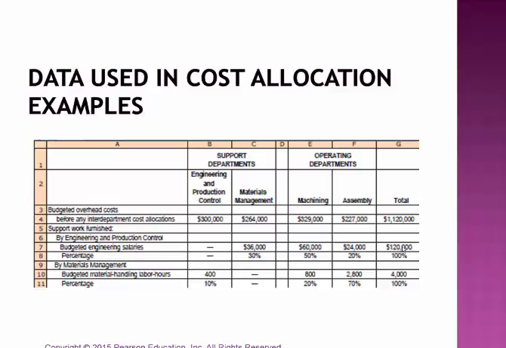We are going to allocate out this $300,000 in overhead based on engineering salary dollars.